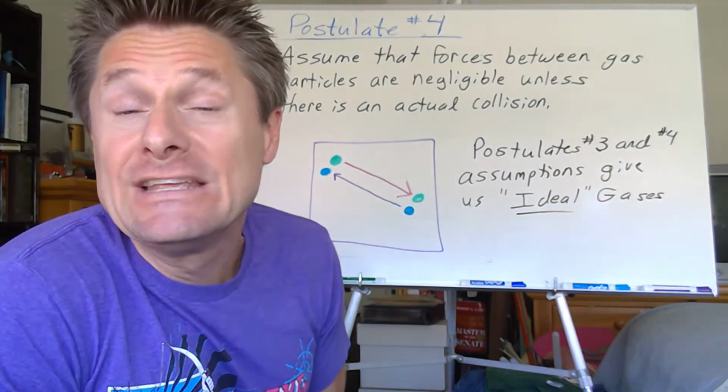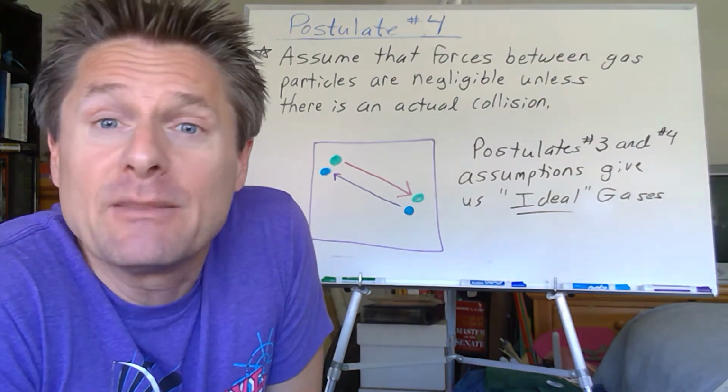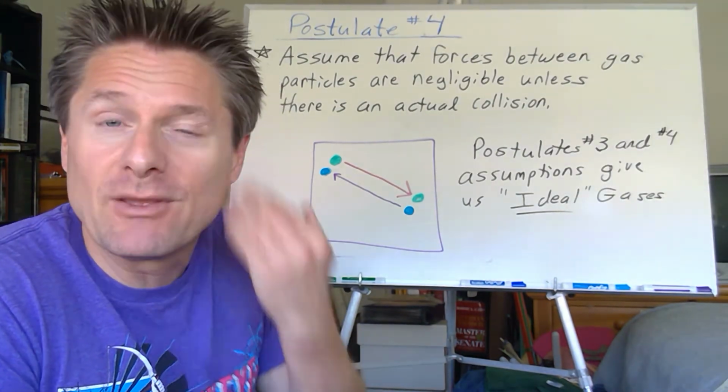So you probably heard of the ideal gas law. We're going to get to that. We're going to get to the PV equals nRT. I call it the perfect equation, but PV equals nRT.